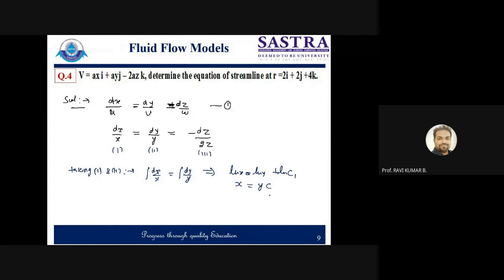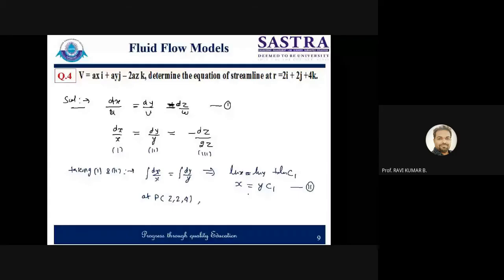This is number two. So at the point 2, 2, 4, just put the value here, 2, 2. So constant 1 is becoming 1, right? You got the value of the constant. After putting it back, you get the first equation of streamline: x is equal to y. This is equation number 3. So this you got by the combination of these two. Now you go for the next combination.